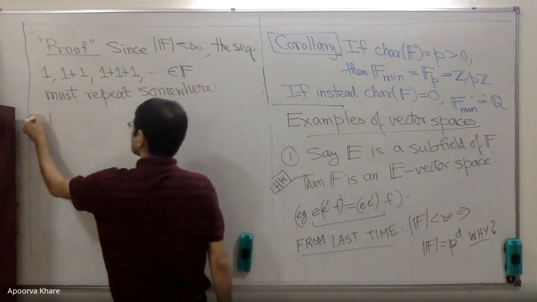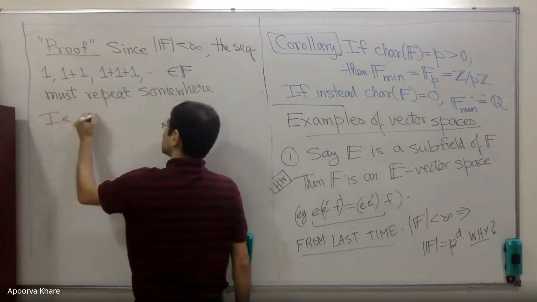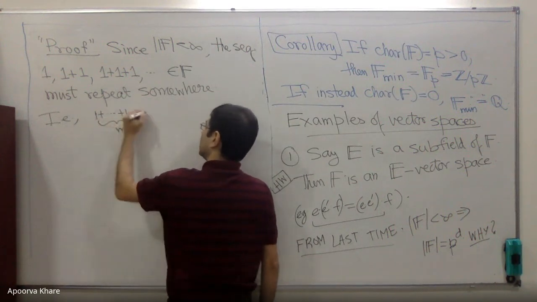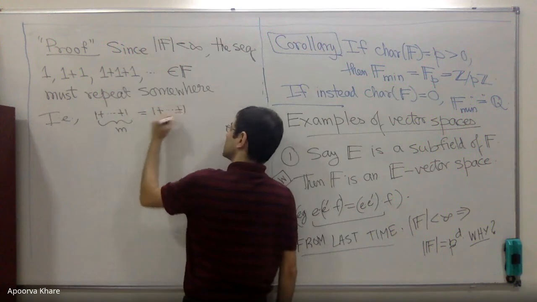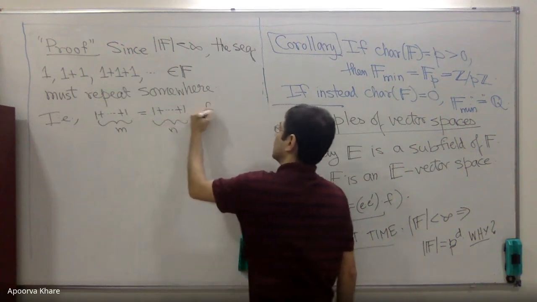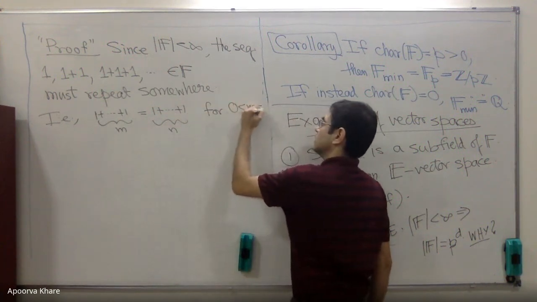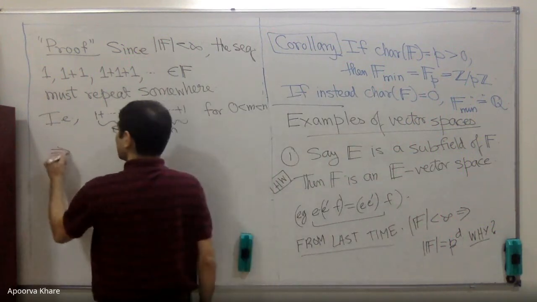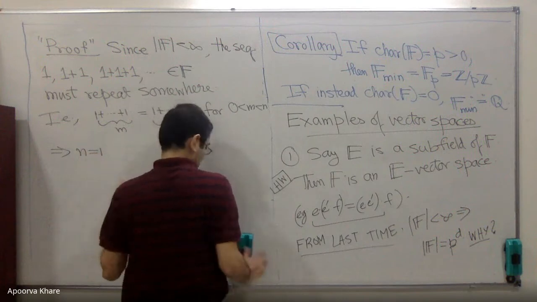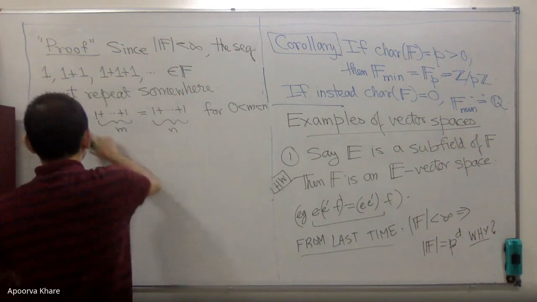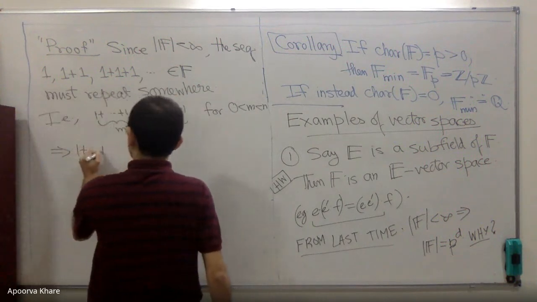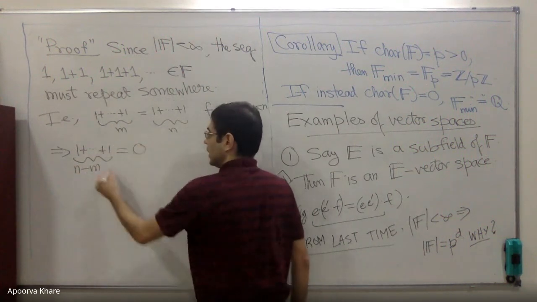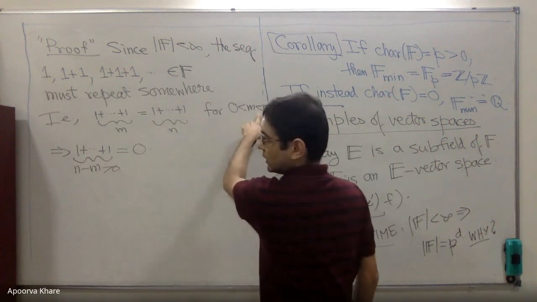In other words, let's say 1 plus 1 plus ... plus 1, m times, equals 1 plus 1 plus ... plus 1, n times. But in that case, what do we know? It means that if you add 1 to itself n minus m times, then this is equal to 0. And this number n minus m is bigger than 0.